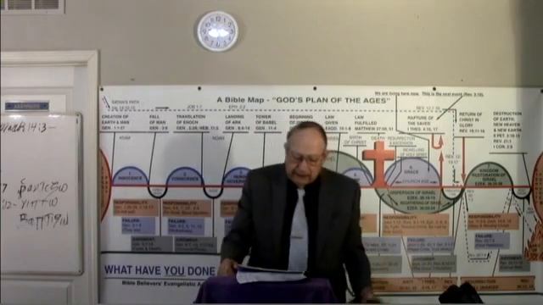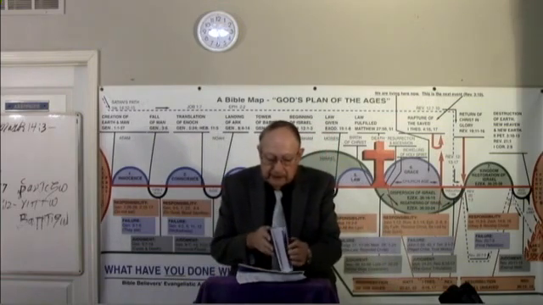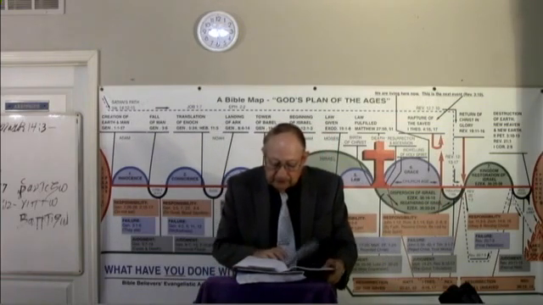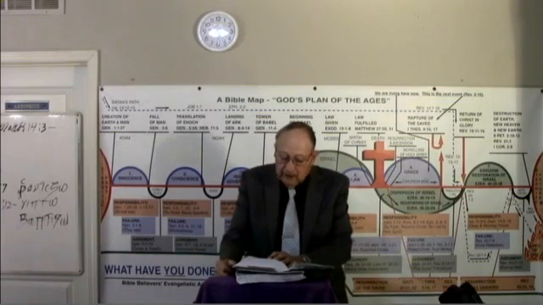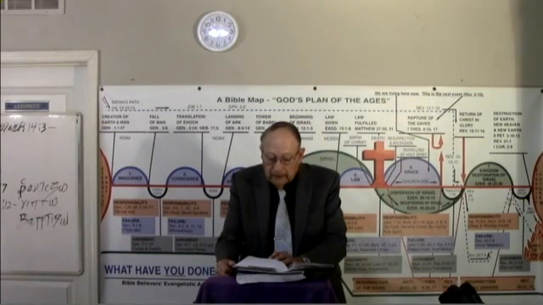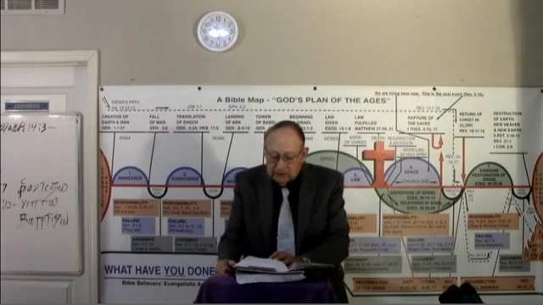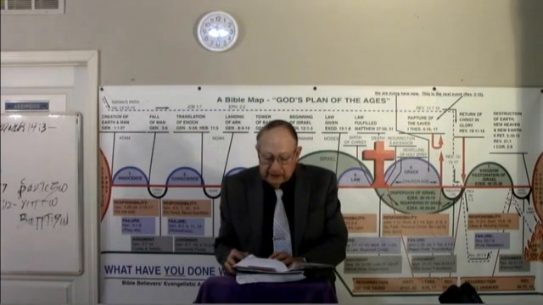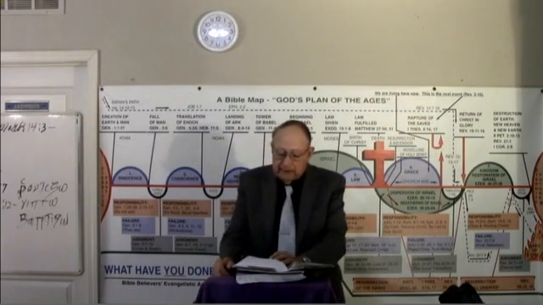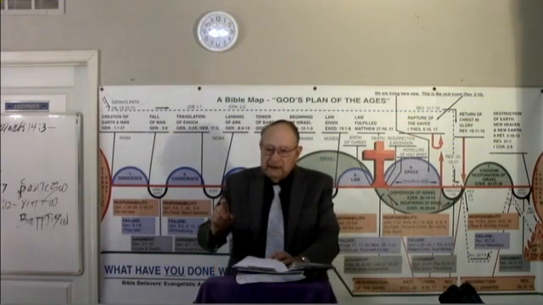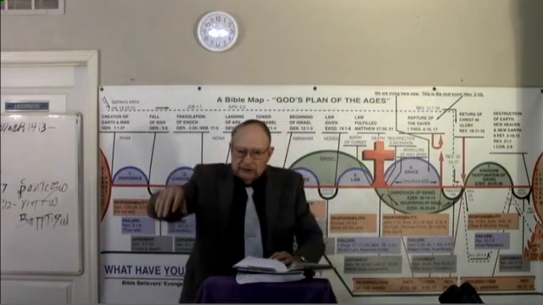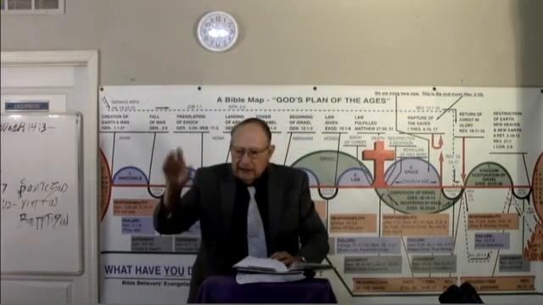Now let's go back and read this from the Amplified Bible for just a moment. Verse number 11. But Moses appeased and entreated the Lord his God, and said, Lord, why does your anger burn against your people whom you have brought out of the land of Egypt with great power and a mighty hand? And what happened down here is God tells Moses that the people are down there sacrificing to idols.